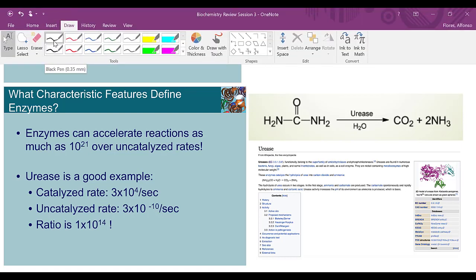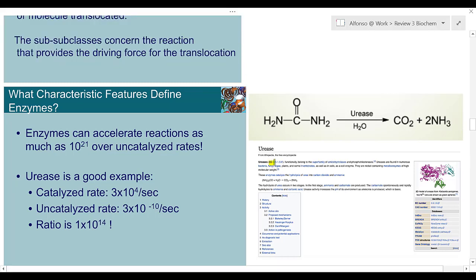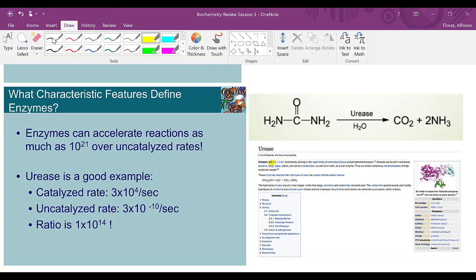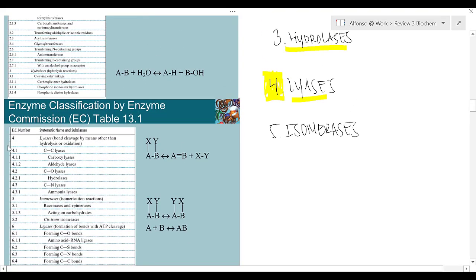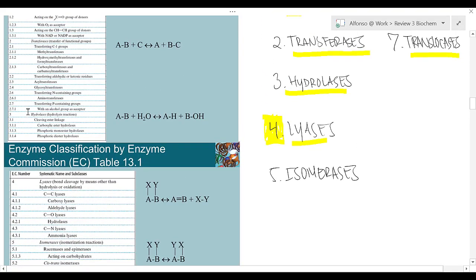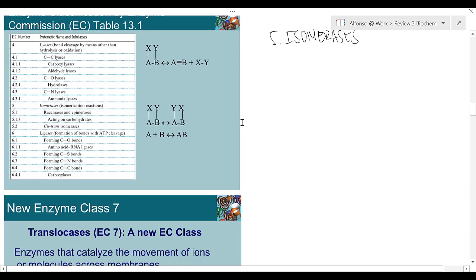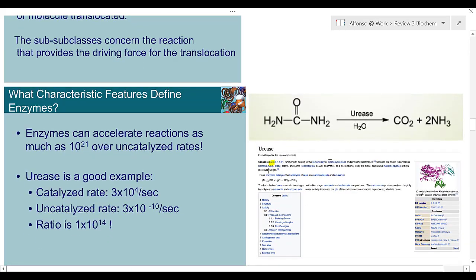All we care about is this part right here, EC 3. EC 3 corresponds to hydrolases, which is exactly what urease is. And let's see if we can confirm that somewhere. Yeah, these enzymes catalyze the hydrolysis of urea into carbon dioxide and ammonia. So yeah, if they cleave using water, then they are hydrolases.